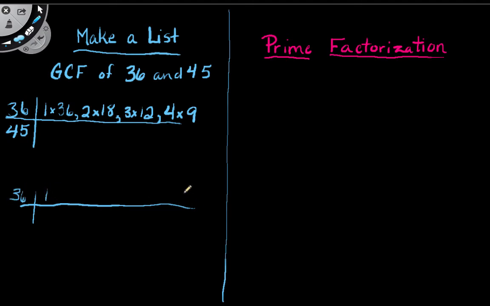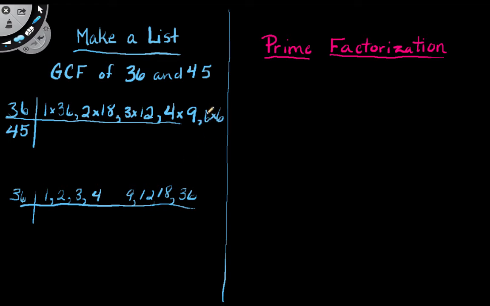We have 1 times 36, 2 times 18, 3 times 12, we have 4 times 9, and we also forgot one at the top, we have 6 times 6.